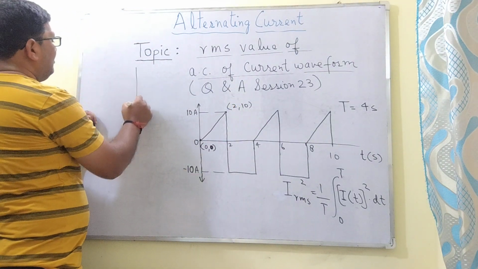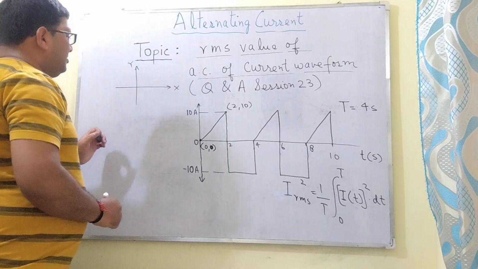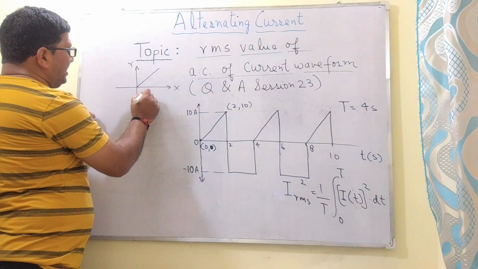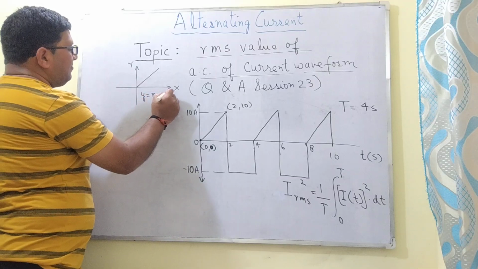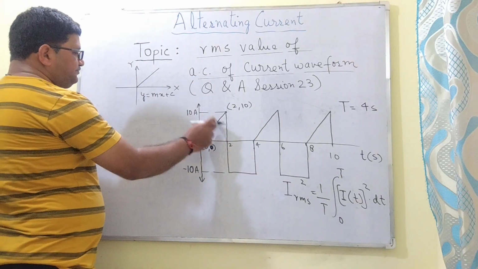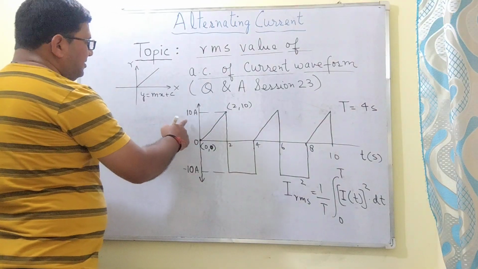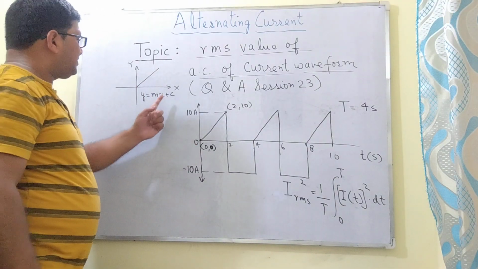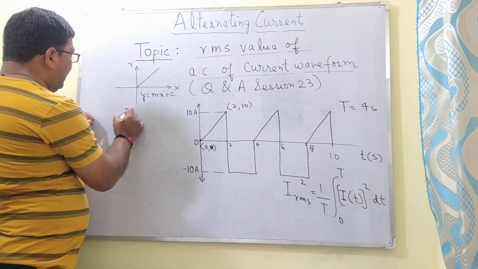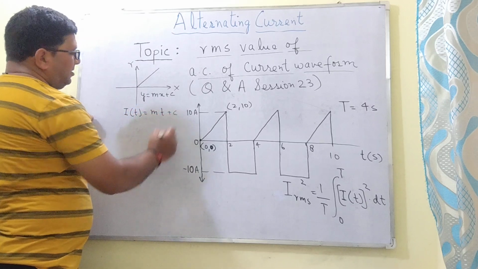Now if this is the x-axis and this is the y-axis, and this is a straight line, then the equation of this straight line is given by y is equal to mx plus c, where m is the slope of the line. Here the instantaneous current is represented on the y-axis and the time is represented on the x-axis. So i(t) will be equal to mt plus c.